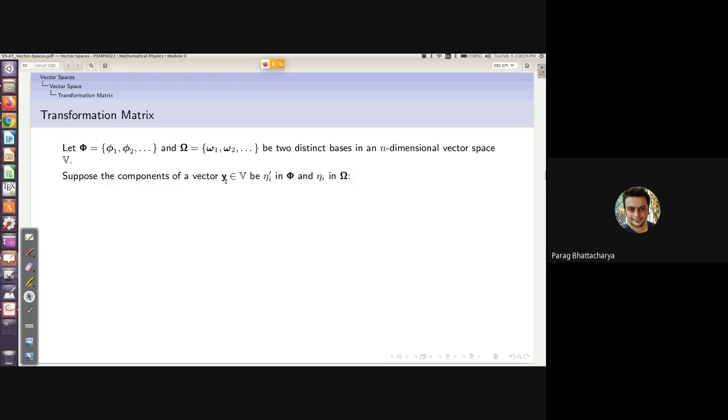Suppose the components of any vector y are eta I prime in the basis phi and eta I in omega.